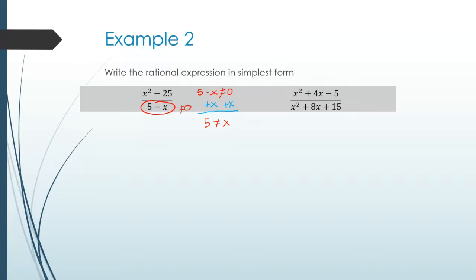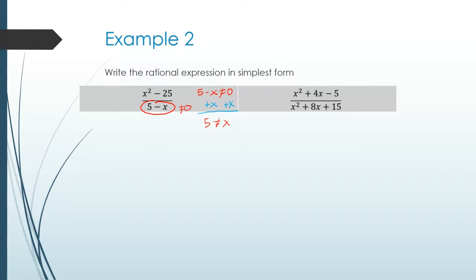So if I plug in 5 for x in the denominator, I would get 5 minus 5, which is 0. That would mean I'm dividing by 0, which I can't do. So that means I can plug in any number for x except 5, because then that causes a problem. So that's why in our domain, we're allowed to have any number except for 5, and that's where the x not equal 5 comes from. Does that make sense?